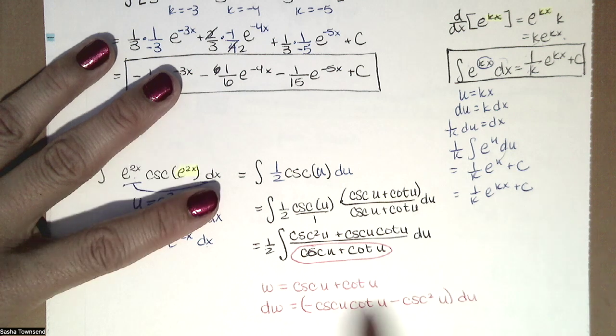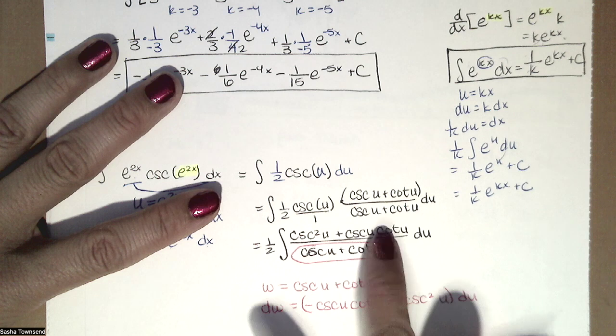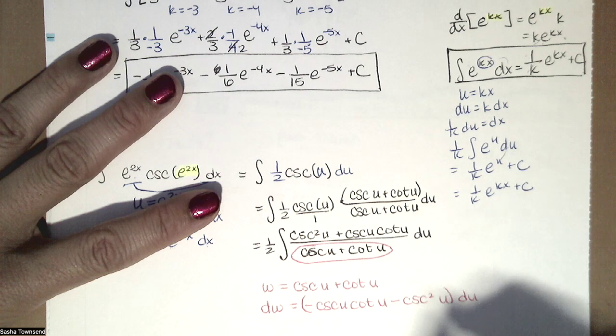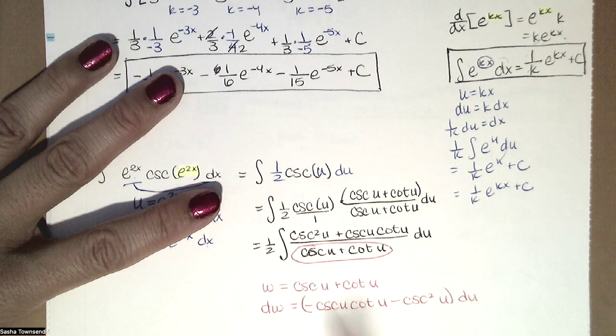And we say, do I have a constant times this in here somewhere? And we do. It's written in a slightly different order, but we do have something that looks just like this up here. I've got the cosecant squared of u plus cosecant of u cotangent of u. The only thing is it's multiplied by this -1.